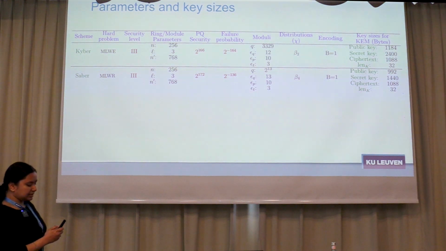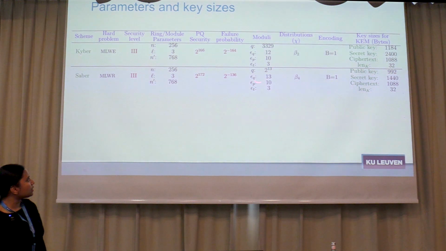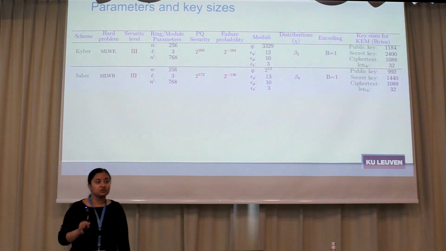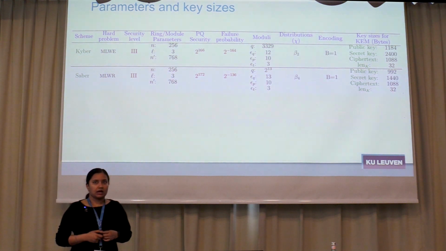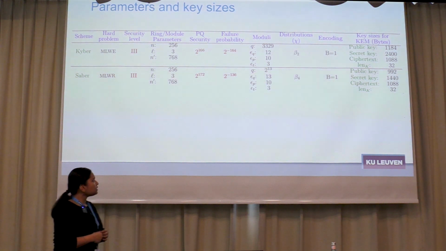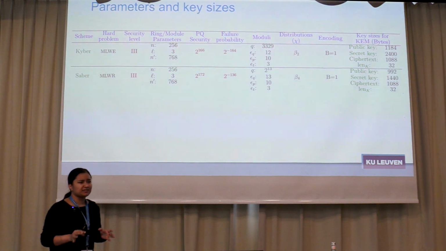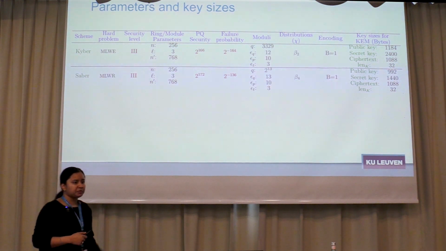And if you check the Saber parameters, it is pretty much similar, right? At least for this ring and module structure, but it has a different modulus size because it uses learning with rounding. So it has to be a power of 2 modulus. It has to use that one. So yeah, that's the basic difference, I would say, from Kyber, from a parameter perspective.